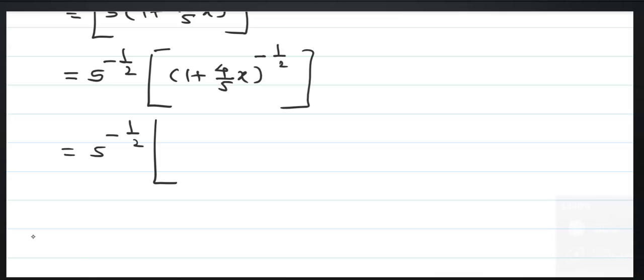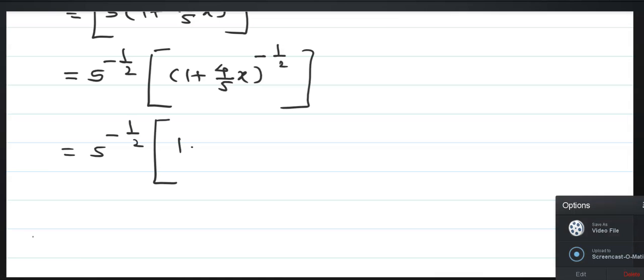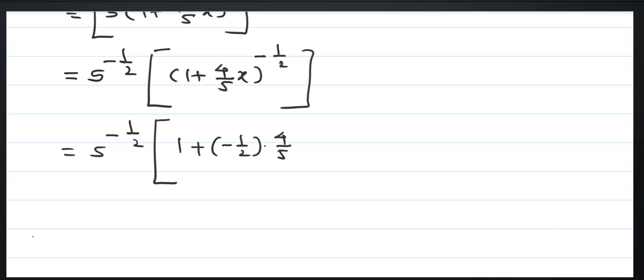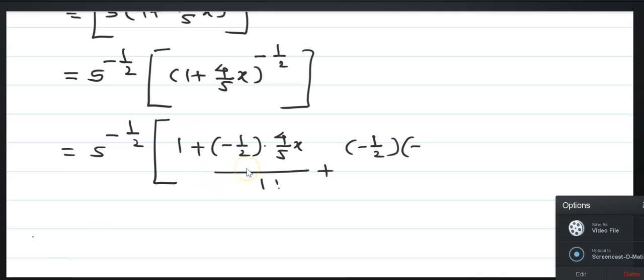And you will get 5 raised to minus 1 upon 2. Now the expansion is 1 plus (minus 1 upon 2)(4x upon 5) upon 1 factorial. This is the second term. Now what is the third term? (Minus 1 upon 2)(minus 1 upon 2 minus 1)(4x upon 5) square upon 2 factorial. Now see this.